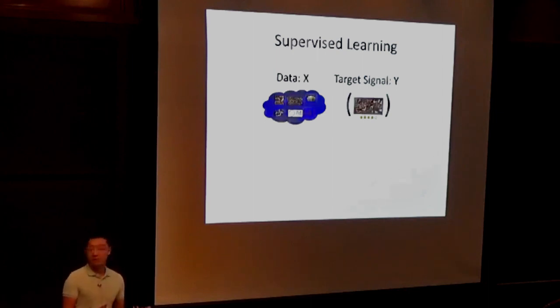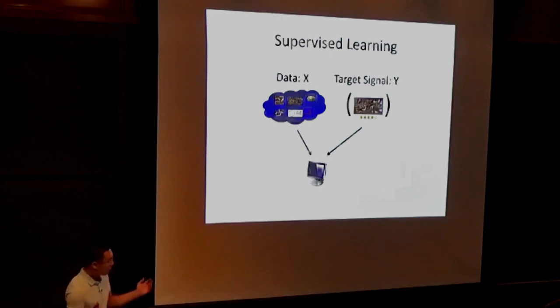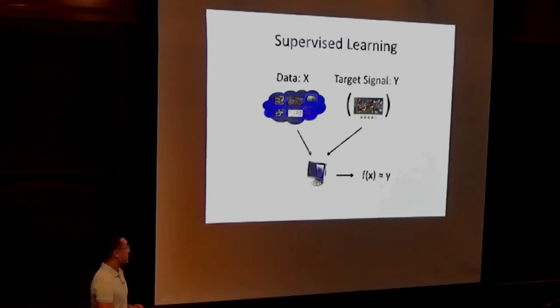That's the supervised learning problem. We feed the XY pairs into a machine, and we run a machine learning algorithm and it spits out an F such that for this set of XY pairs, the F hopefully is very accurate and predicts more or less the correct Y for any X in the training set. That's the hope.